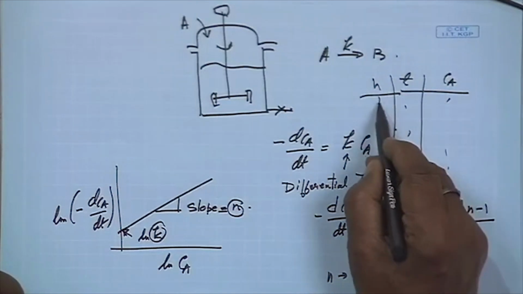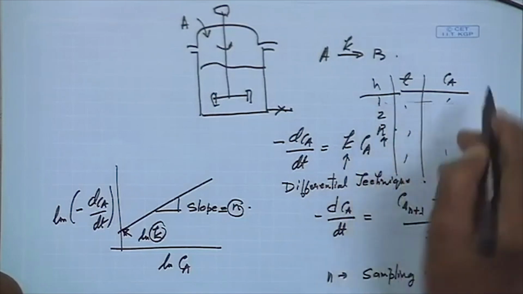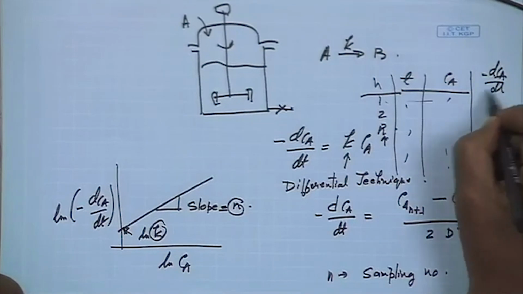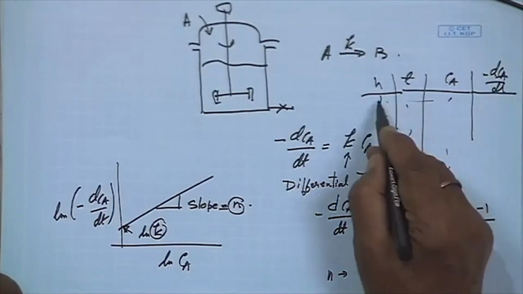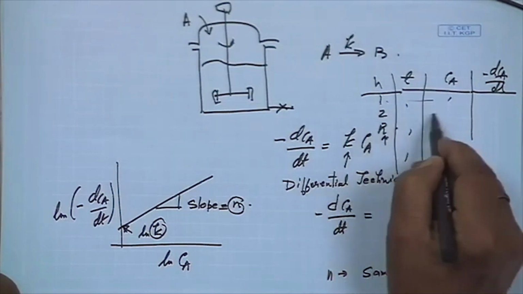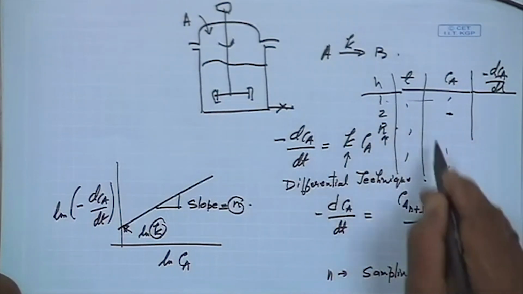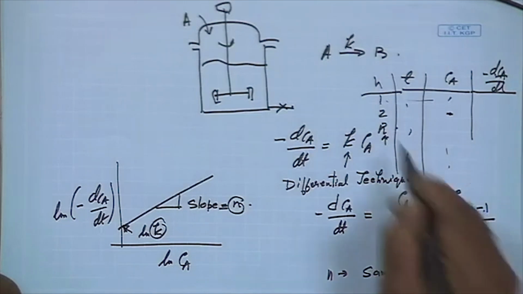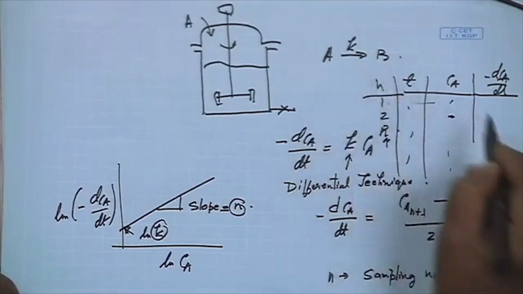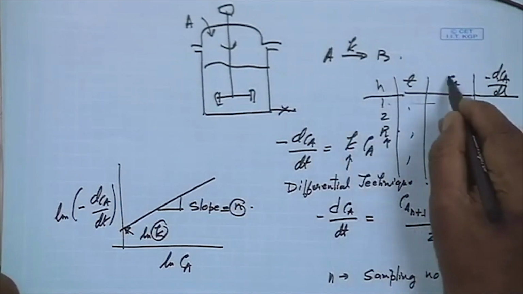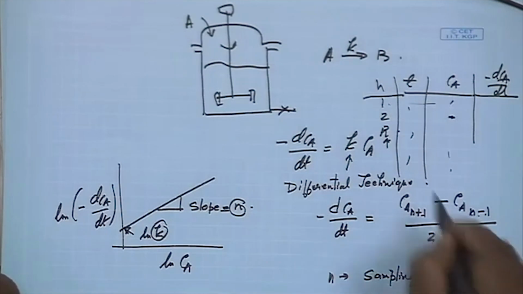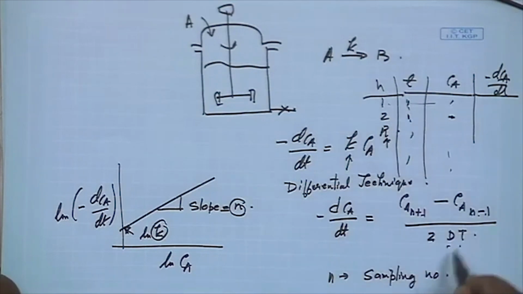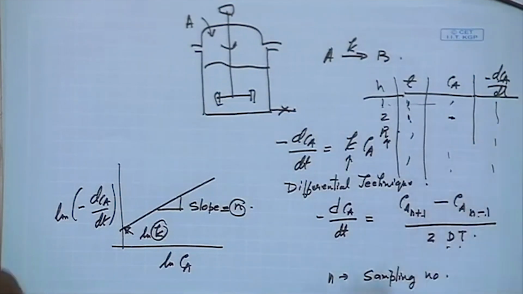Now if you consider n plus 1 at this point, and want to calculate minus dCA by dt, how can we calculate? Ca(n+1) means you take the value Ca2, then Ca(n-1), that means 1 minus 1 equal to 0. So initially at the 0 hour, whatever the concentration is, you find out that difference, and divide by 2 del t, where del t is the time difference. Very simple, you can do that. So you can write this value.